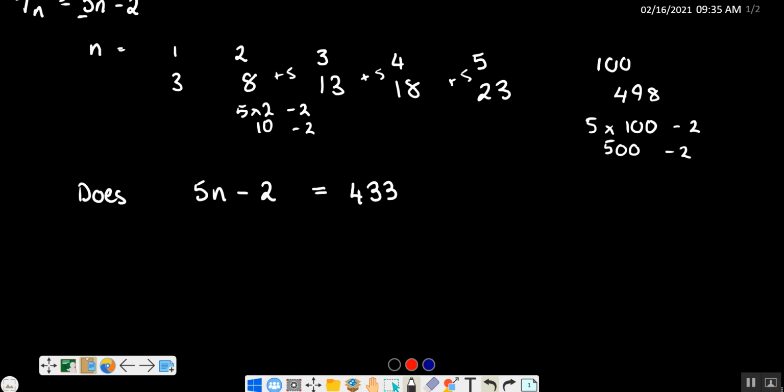The idea is, this thing here, do you remember we did 5 multiplied by 2 is 10, then I subtract the 2? What G's saying is, let's figure out what the 5n bit has to be before we subtract the 2. So what I'm going to do is box the 5n for now.